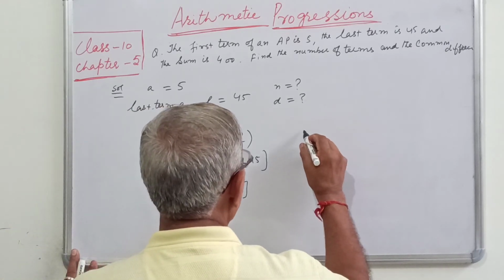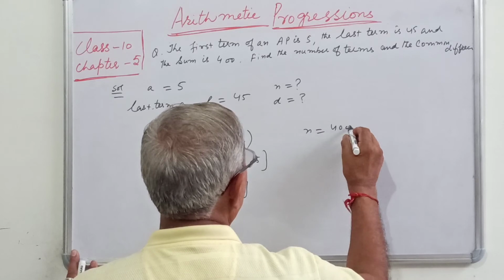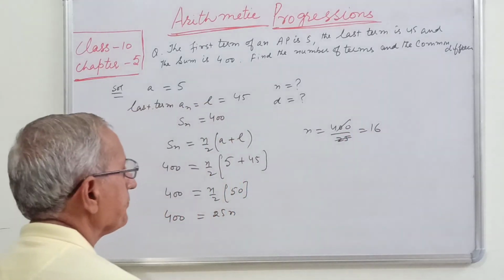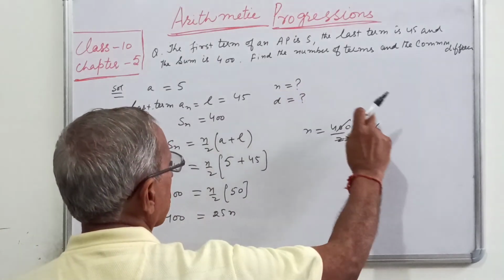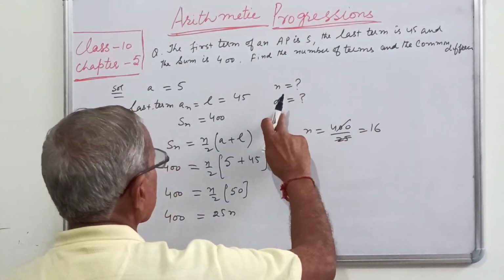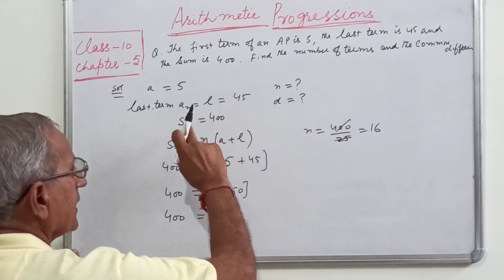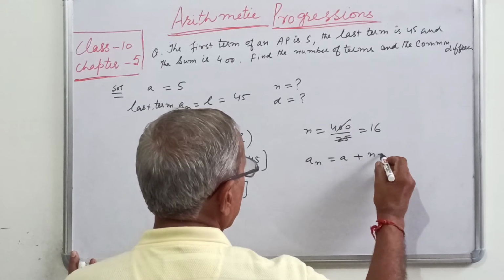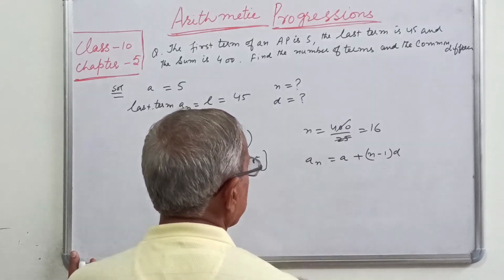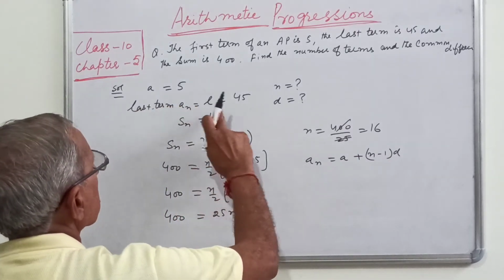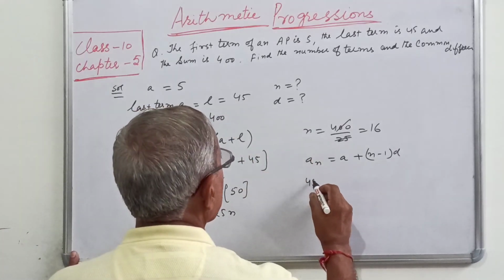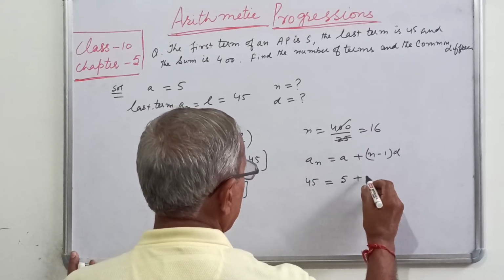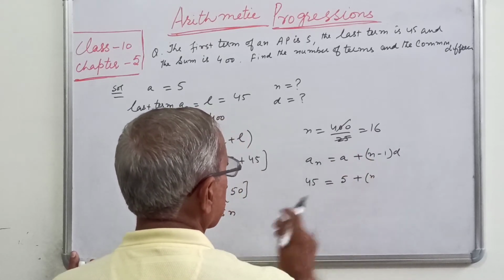So value of n will be 400 divided by 25, ये आ जाएगा 16. एक आंसर आ गया हमारा n is equal to 16. अब निकालना d. सो d के लिए हम फार्मूला यूज करेंगे a_n का. सो a_n is equal to a plus n minus 1 into d. a_n here is 45 and a is 5 and n is 16.